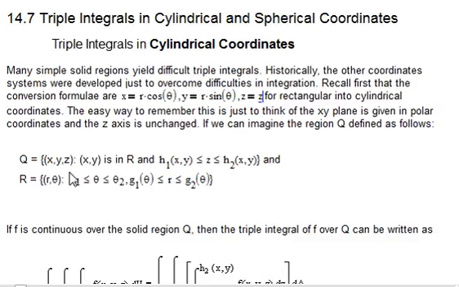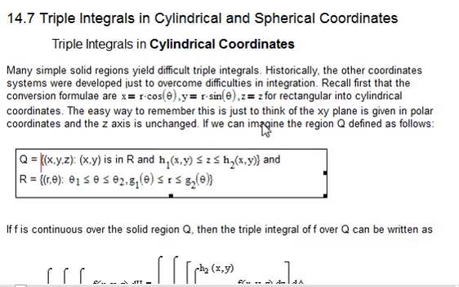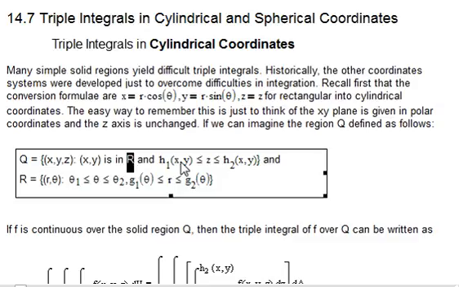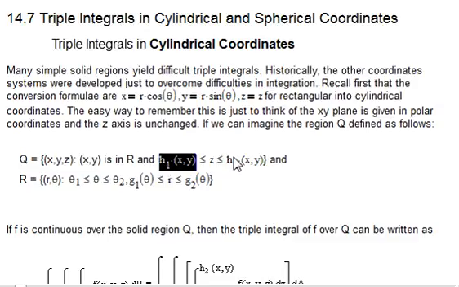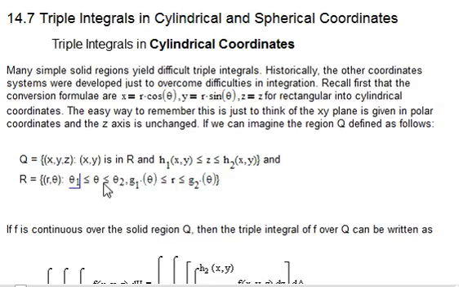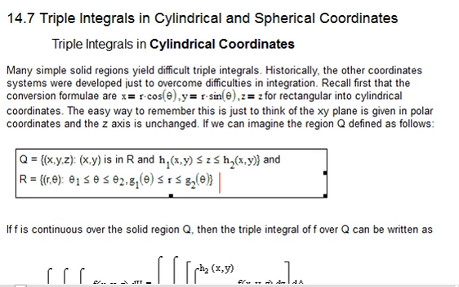So if we have a solid region, let's say Q, defined like this: the set of x, y, z such that x, y is in the region R, and z is between h1 of xy and h2 of xy, and region R is defined as the set of r theta, where theta goes from theta 1 to theta 2, and r goes from g1 of theta to g2 of theta, although often g1 of theta will be the pole, so that would be 0, but not necessarily so.